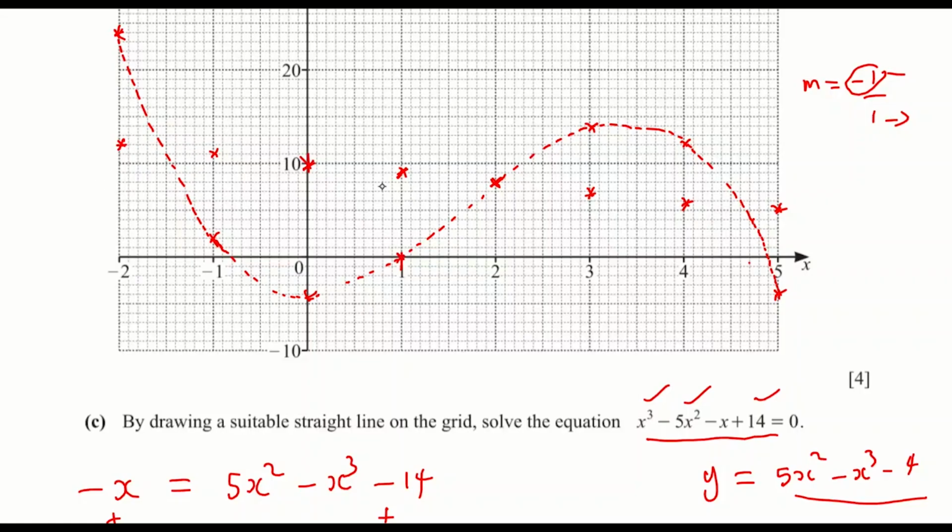Okay, so we need to connect these points together and get the values of x. So starting from here, you draw these like this. Okay, so we need to trace the values: we have a point here, we have another point here, and we have another point here.